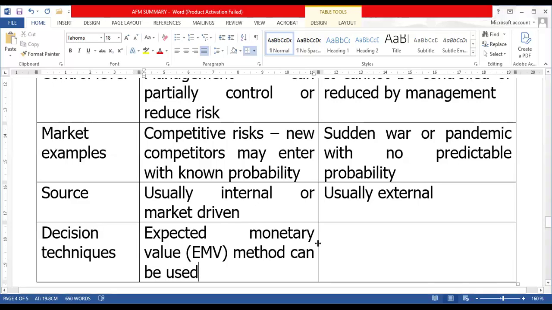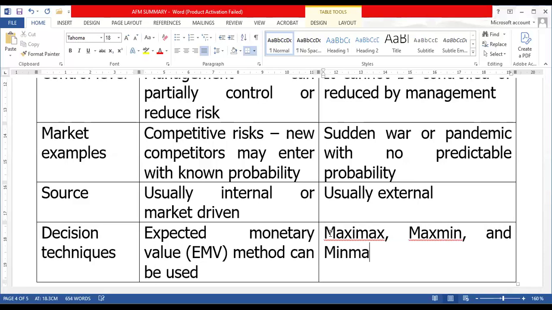But when it comes to uncertainty, because we are not relying on probabilities, the methods we can rely on are maximax, maximin and minimax.